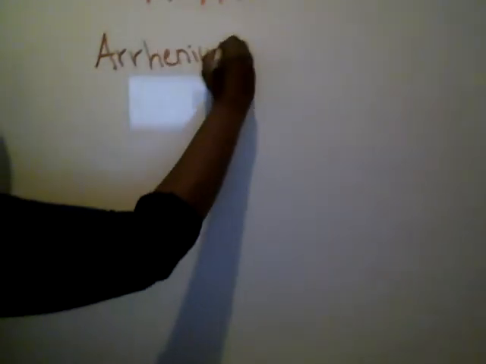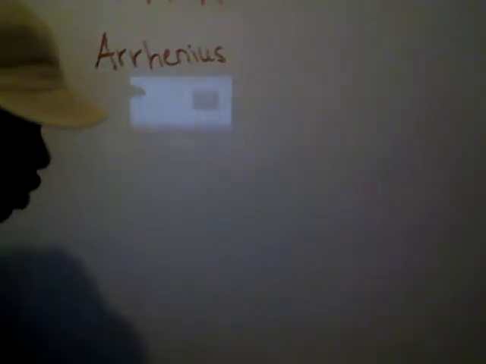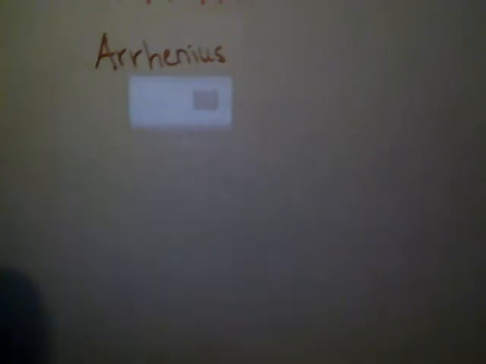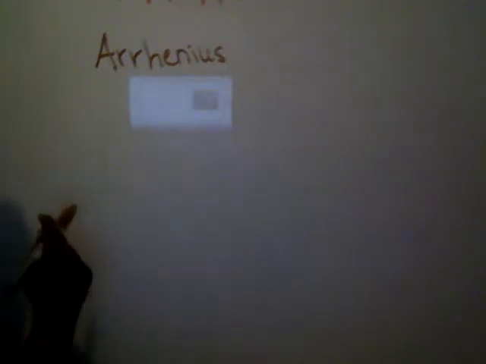We'll go through all of those and see what those definitions are talking about. The first one I'll start with is Arrhenius. Arrhenius was a Swedish scientist in the mid 1800s, and he was one of the first to come up with the definition of what an acid is and what a base is.